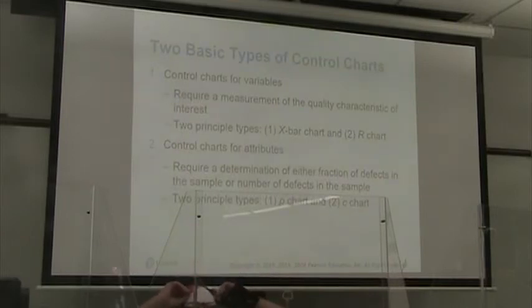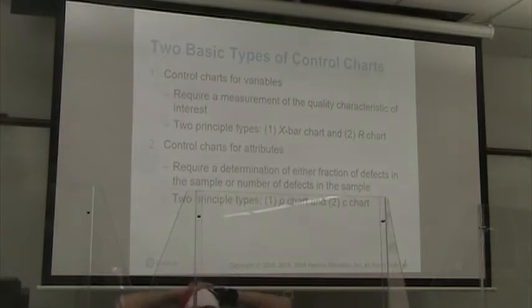All right, so we have two basic types of control charts. We have control charts for variables. Those are where we are taking measurements of a specific quality characteristic that is of interest. So we can have an X bar chart or an R chart in this type, right?